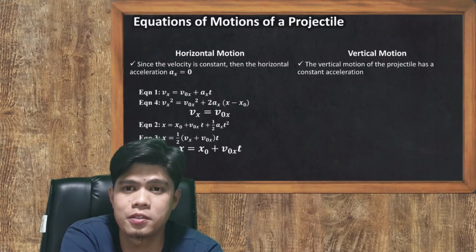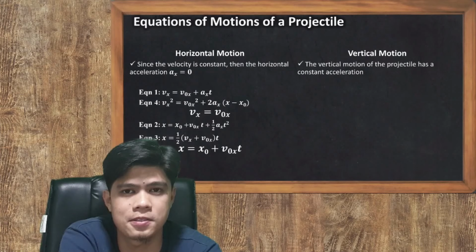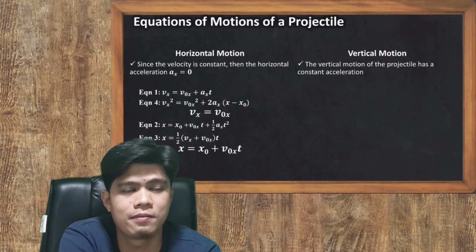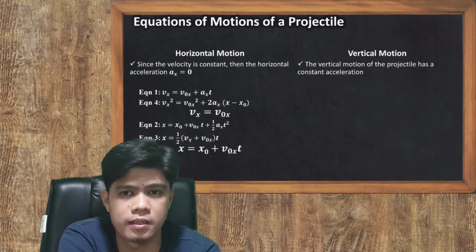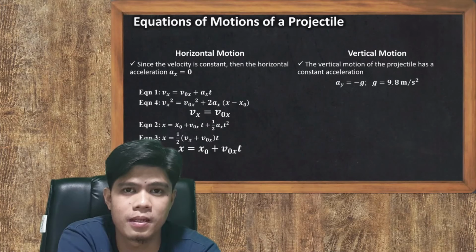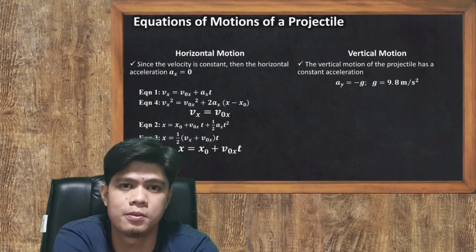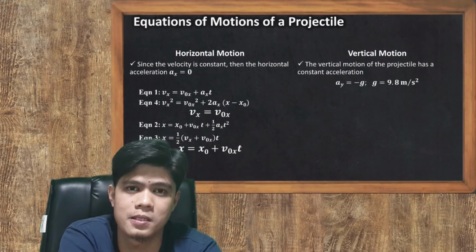The vertical motion of the projectile has a constant acceleration, and we know that acceleration is equal to negative 9.8 meter per second squared, which is our acceleration due to gravity. But instead of ay equals negative 9.8, we use ay equals negative g, where g is equal to 9.8 meter per second squared.